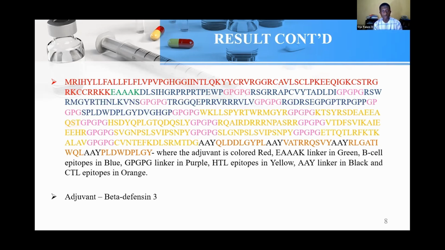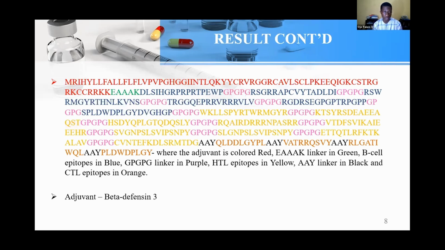So an adjuvant was incorporated into the vaccine construct, and the adjuvant used was beta-defensin 3. Although beta-defensin 3 is also expressed by humans, so we made use of the human beta-defensin 3. The reason why we preferentially used this adjuvant is because it has been established that the TLR receptors that Epstein-Barr virus activates, beta-defensin 3 also activates.